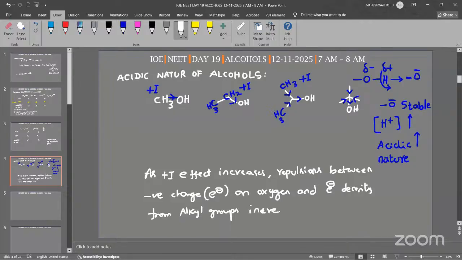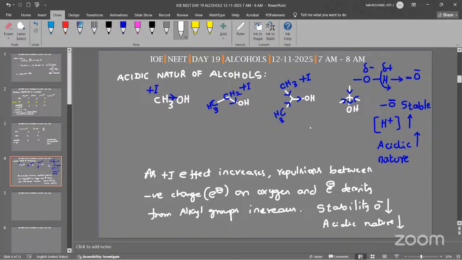So if repulsions increase, stability of O minus decreases. If stability of O minus decreases, acidic nature decreases. Acidic nature also decreases.